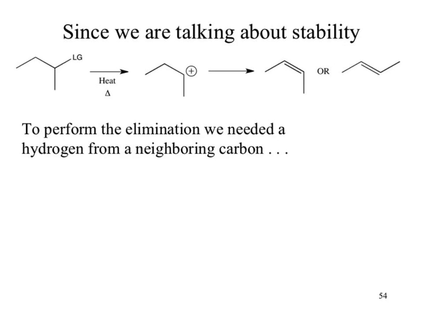Since we're in this conversation about stability, and we look at this when we run this elimination, okay? A new structure, new system, new problem. We form our carbocation, and we said we get two possible products, right? Trans and cis, depending on which hydrogen we removed. Which hydrogens are we talking about to make these?